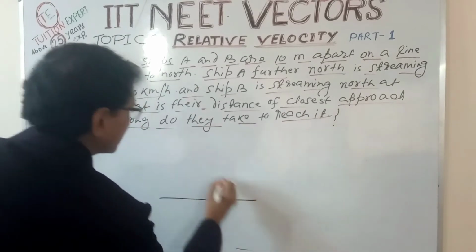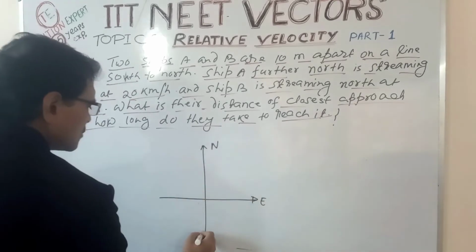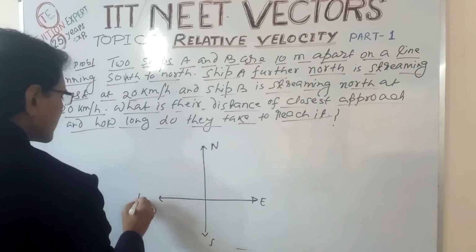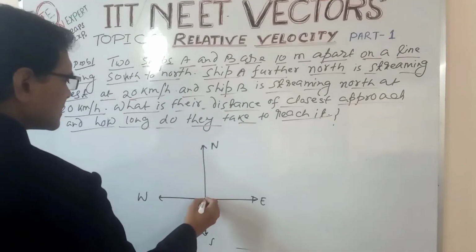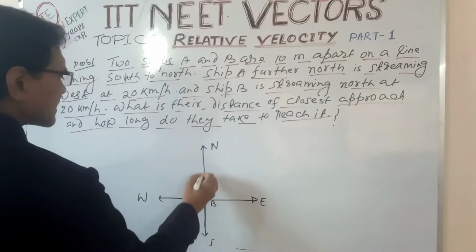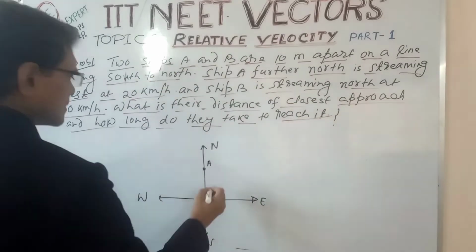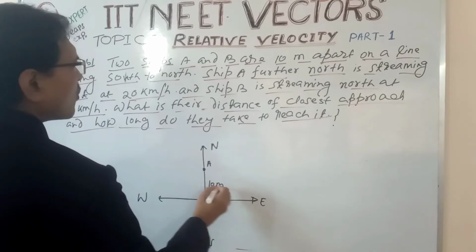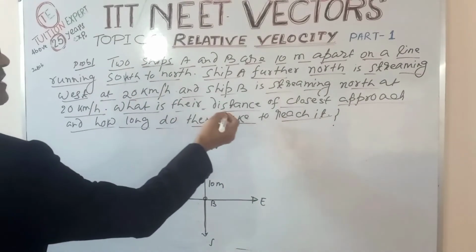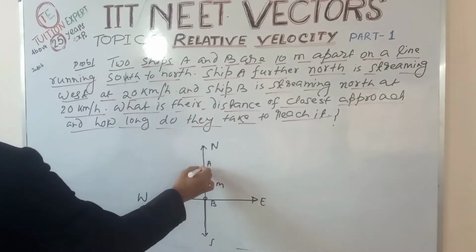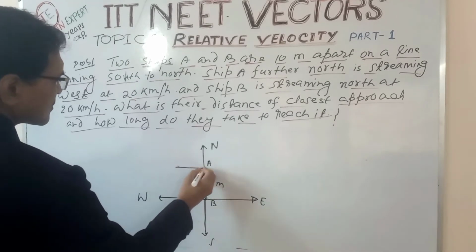Suppose this is east direction, this is north, south, this is west. So ship B, suppose, is at here, and ship A is at here. The distance between the two ships is 10 meters, on a line running south to north. Ship A, further north, is steaming west at 20. So A is moving towards west.